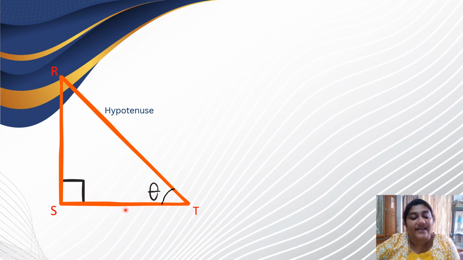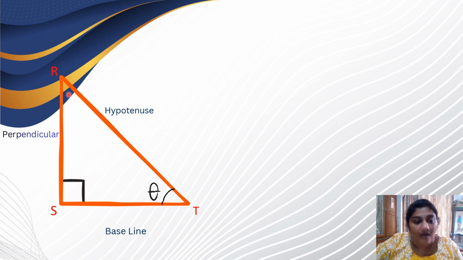Then the line that ends with these two angles is called the baseline and the other is called the perpendicular line. Now if we consider theta as this angle R, then RS will be the baseline and ST will be the perpendicular line. So this theta determines the sides of a triangle.